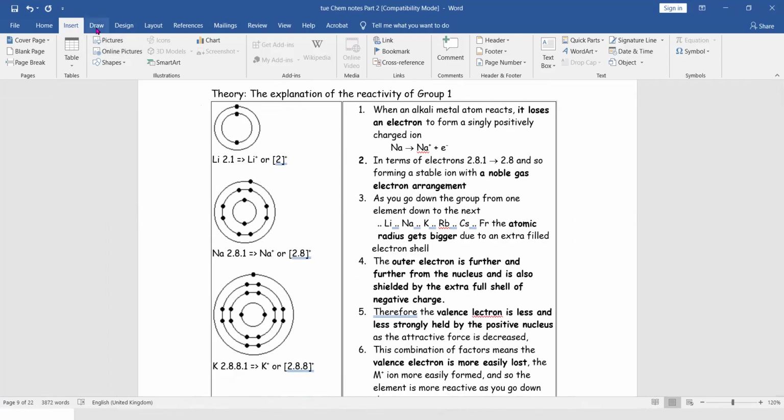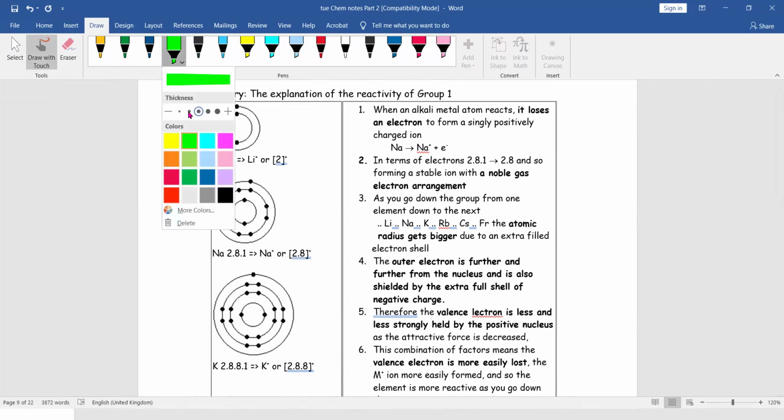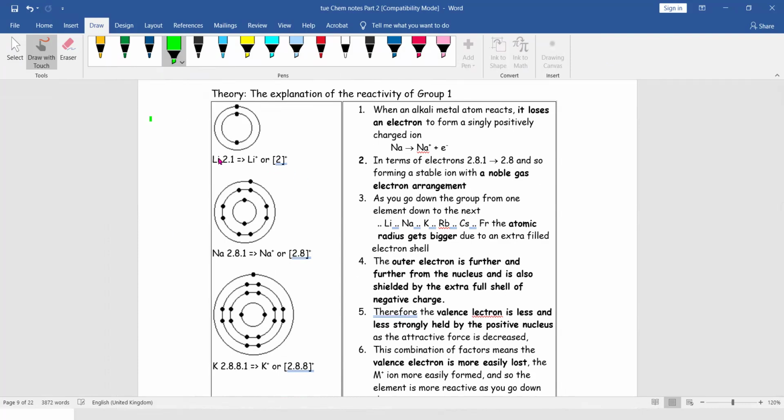Think again. So from 2,1, in order to form a full outer shell, it will throw away that one electron to become just 2, positive ion. 2,8,1 becomes 2,8. So all of them will throw the electron.